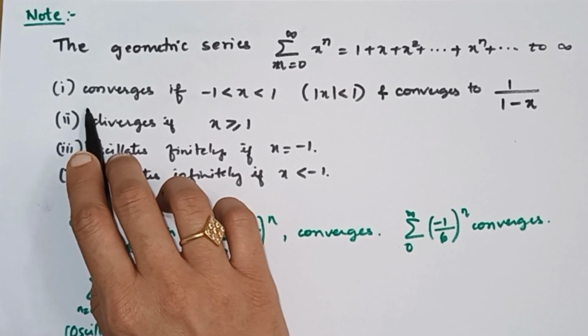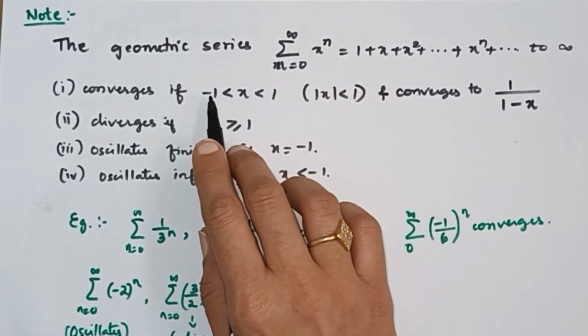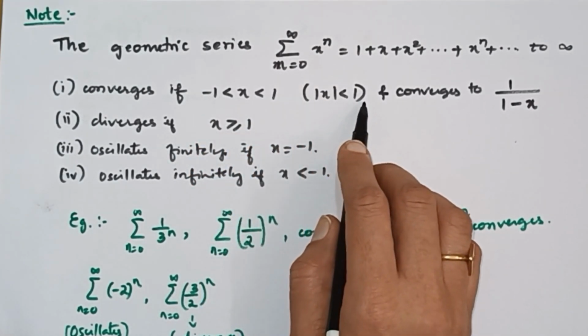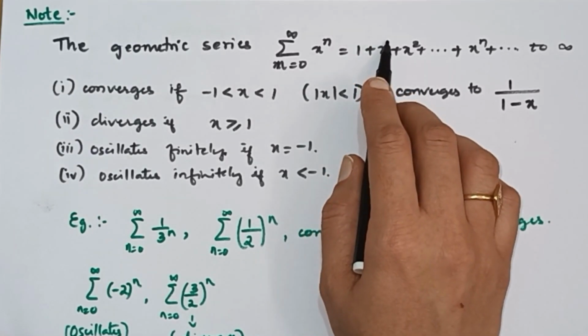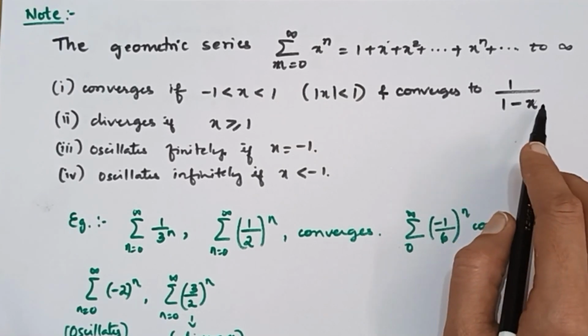The first condition is that this series converges if x lies between minus 1 and 1. That is, if mod x is less than 1, then the series converges, and it converges to the value 1 by 1 minus x.